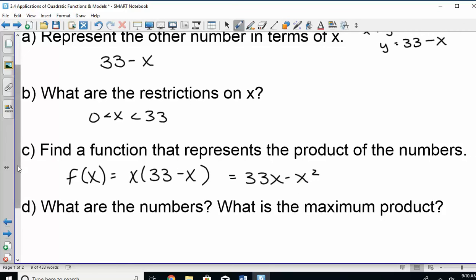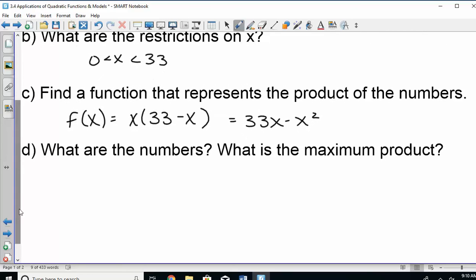Okay. Let's say I want the maximum product, the biggest possible product I can get. How would I find my numbers?